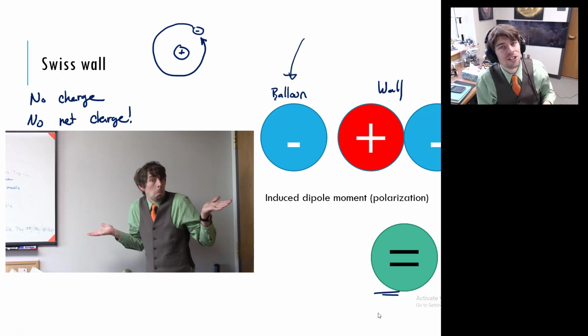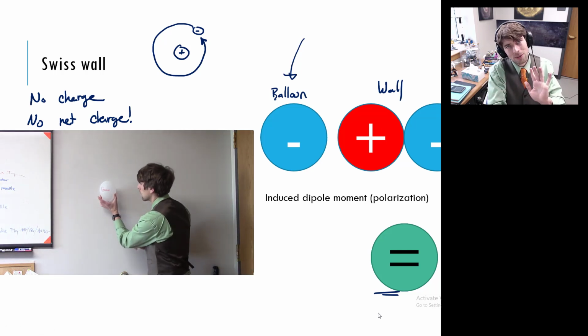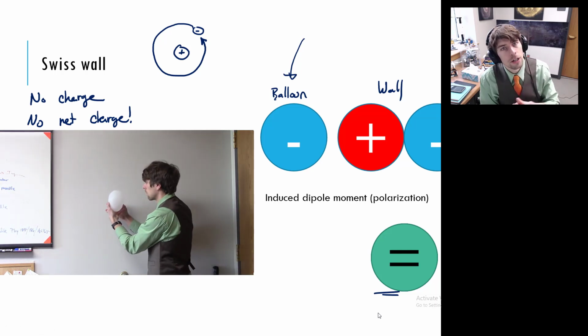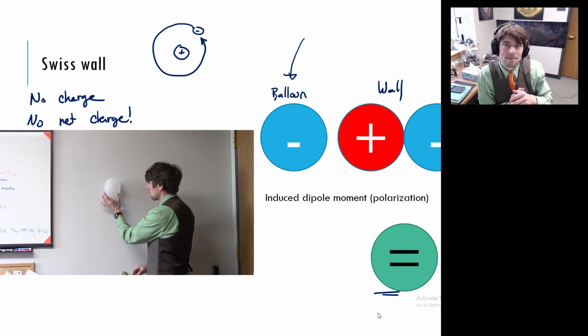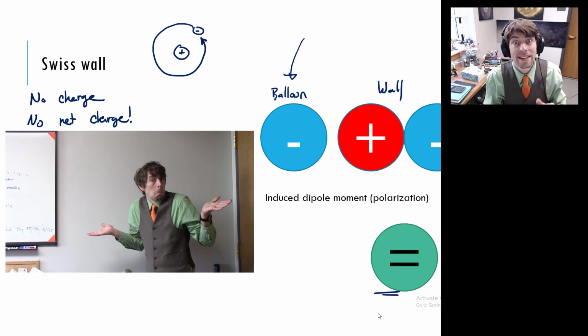So then the other question: why is it that when I turned the balloon around and stuck it back to the wall, it didn't stick? Yeah, you probably got it. Remember? What's the balloon made out of? Yeah, rubber, and rubber is an insulator.